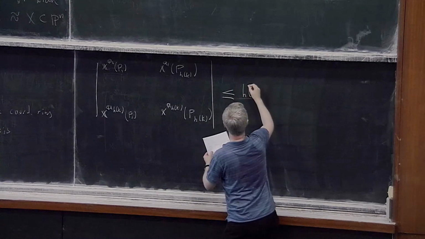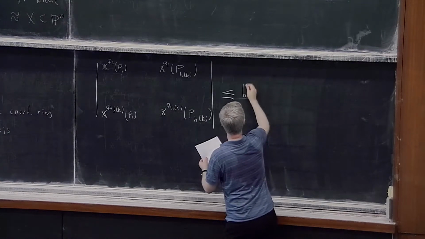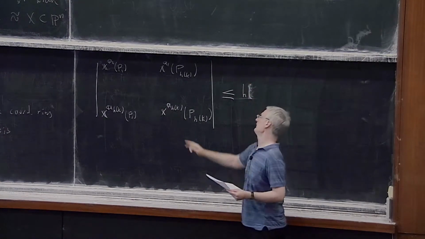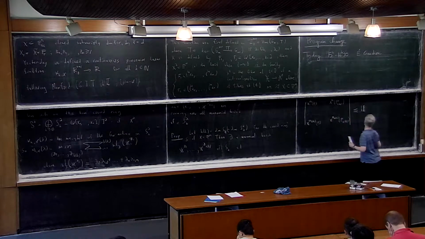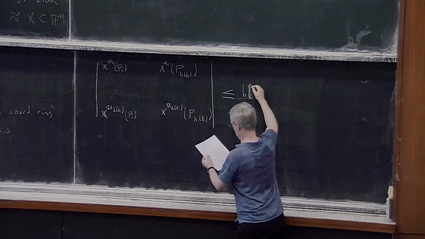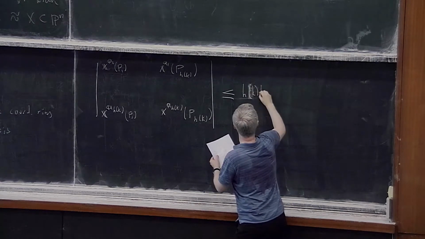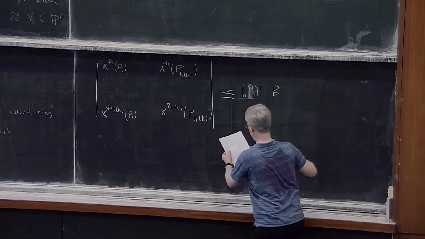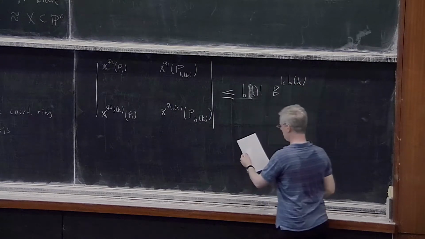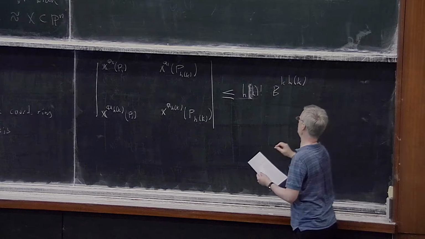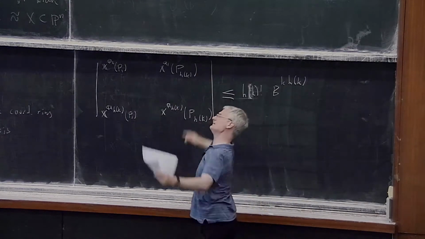If they were all equal to b, then it would be clear that each term here would be b^k. So I would get the following trivial bound: b^k times h_k. But what happens now is that I will get an extra factor due to the fact that this is lopsided.